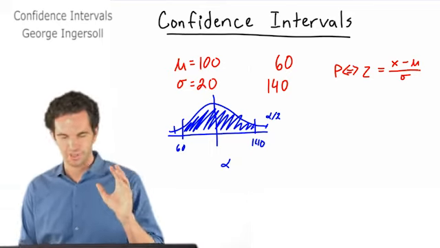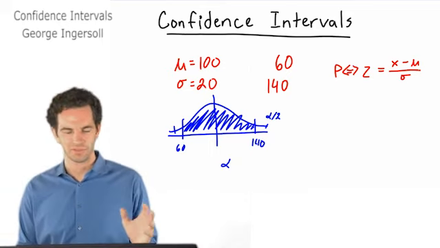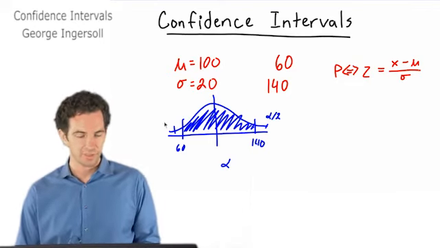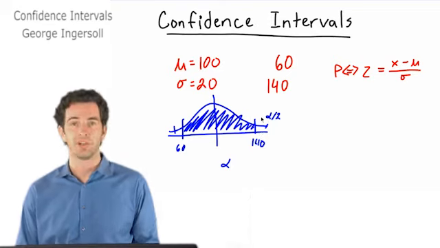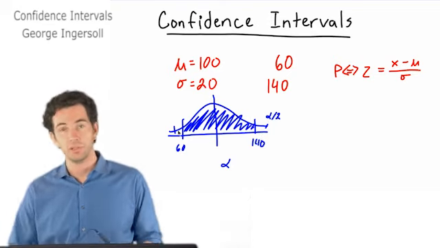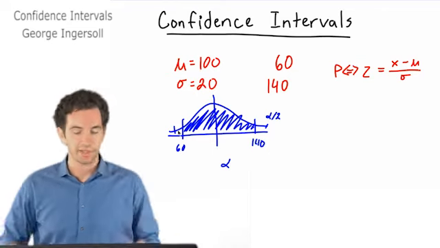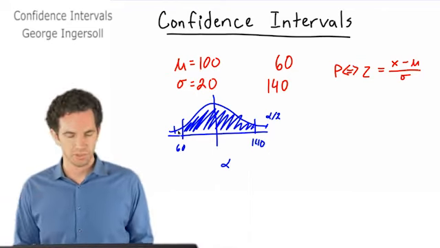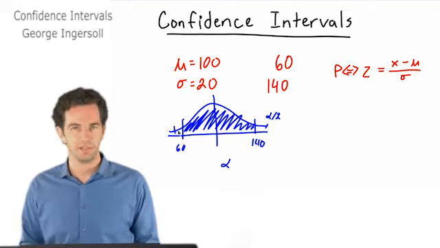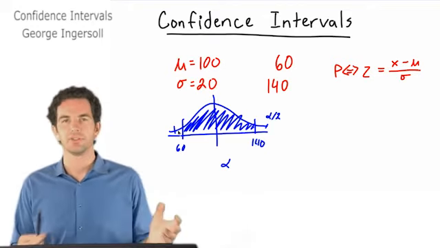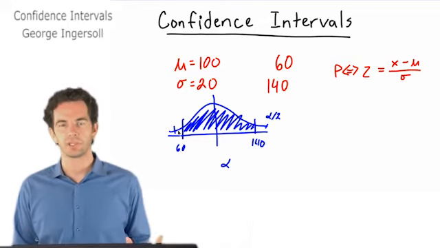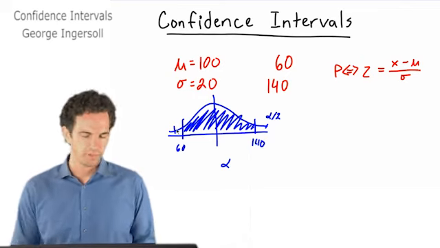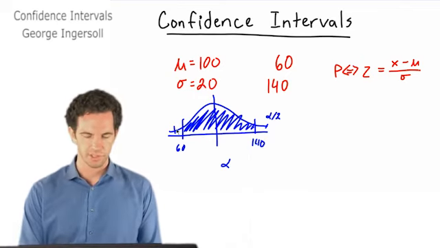This is, I realize, sort of a complicated explanation for something that's actually pretty straightforward, which is just to say, look, if this is 95%, that means that these two together are going to be equal to 5%, and 5% divided by 2, since we have the right side and the left side, is going to be 2.5%. I want you to do this intuitively. In case you're seeing alpha and alpha divided by 2 in your textbook, this is where this all originates from. But the main point here is a more straightforward way to think about this.